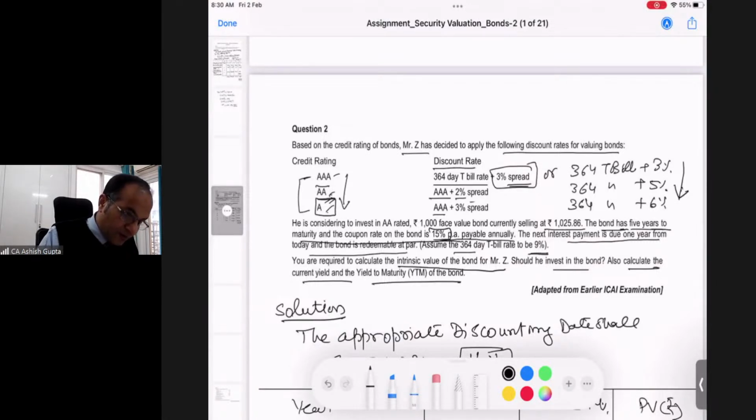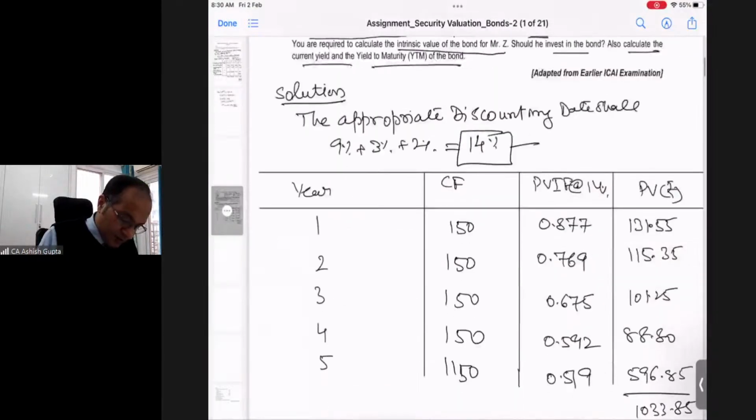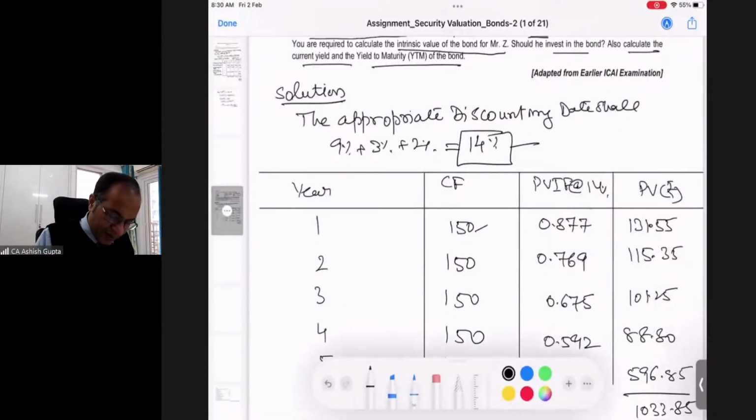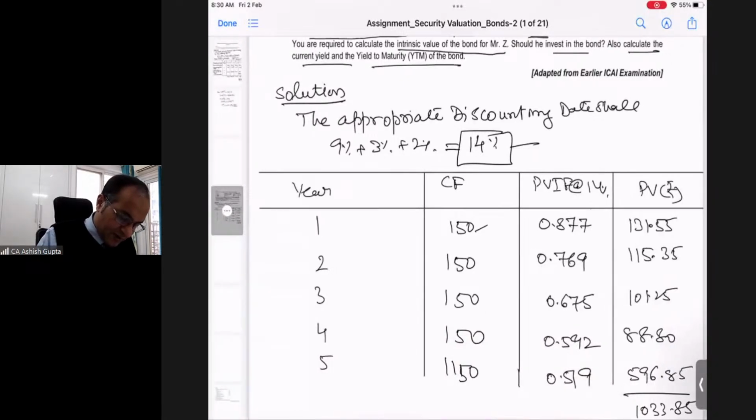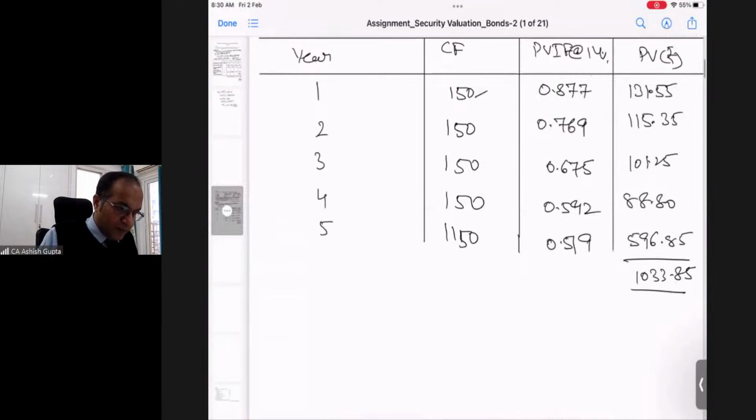So accordingly, what I have done, I have discounted the coupon of 15% by this equivalent rate, and my value is coming. So this is the justified price. This is the justified price that I should pay now. Now conclusion is drawn.